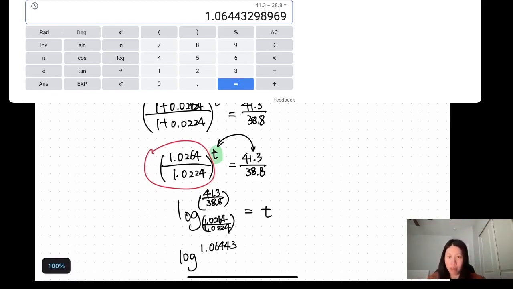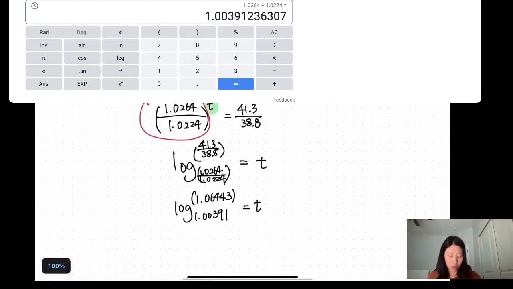And then in the bottom, I have log 1.0264 divided by 1.0224, which is the base, is going to be 1.00391, equals t. Okay, so remember how to do it on a calculator.